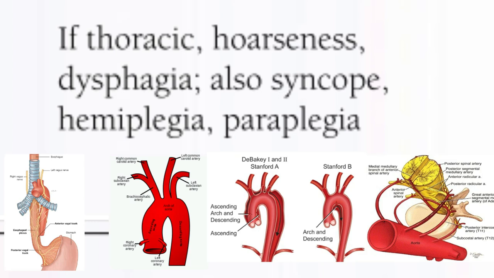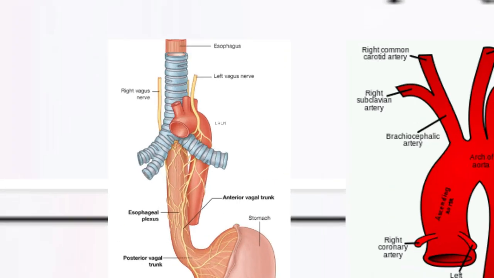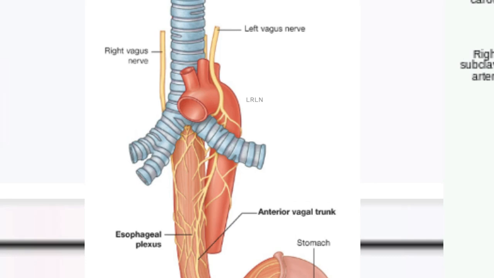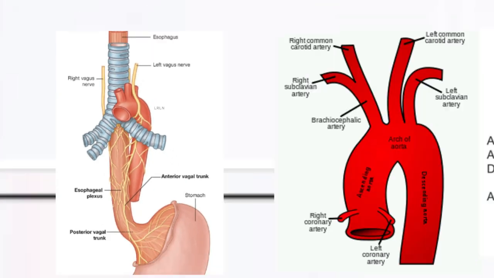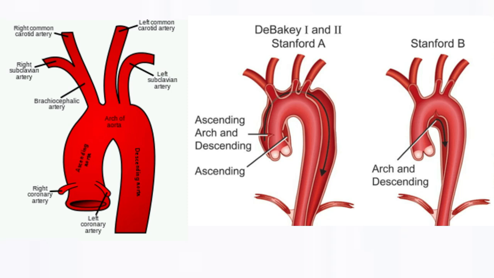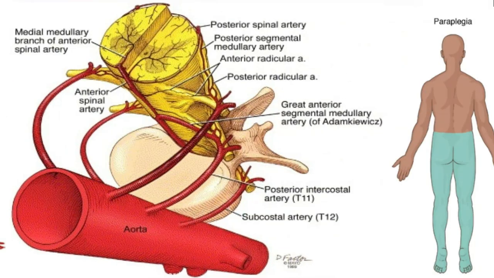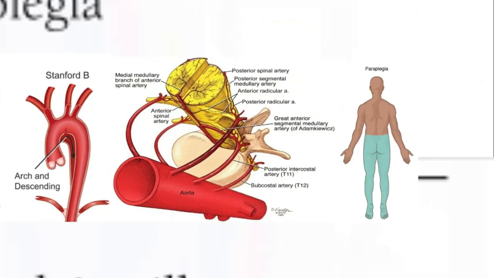They can have associated complications: if there is involvement of the arch of the aorta, it can affect the left recurrent laryngeal nerve, which causes hoarseness. If it involves the brachiocephalic trunk, it can cause hemiplegia. And if it involves the descending thoracic part of the aorta, it can affect the artery supplying the spinal cord, thereby causing paraplegia.